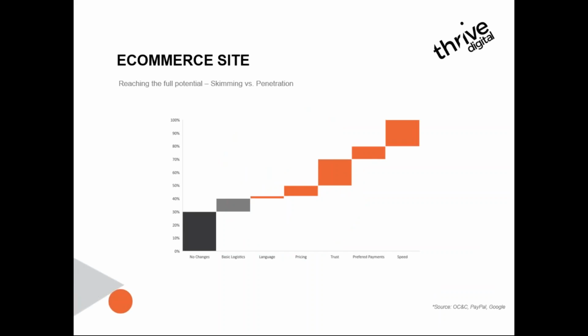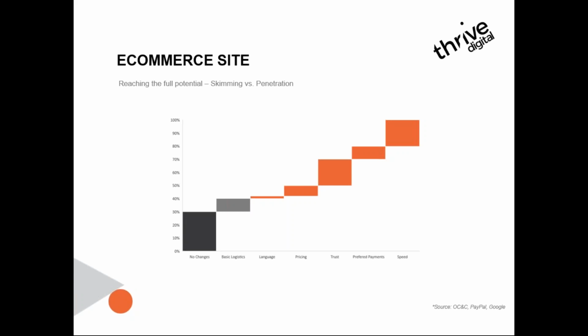this is really what's important when thinking about your website internationally. There are 2 broad strategies you can employ when trading internationally online. The first one is skimming. That's just setting up your basic site for international business. That includes basic logistics. Can you ship the product?